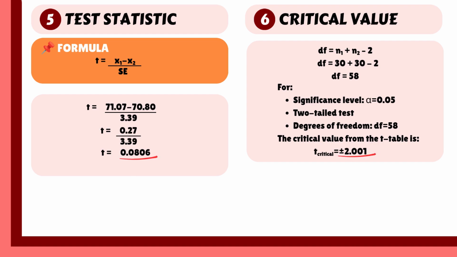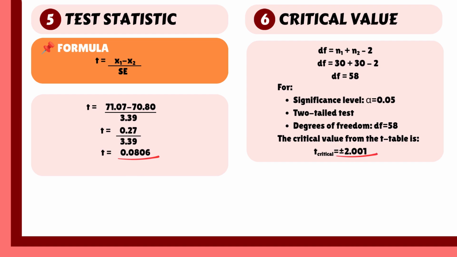We substitute the mean of dataset A minus the mean of dataset B, divided by our standard error, and get the t-value, which is 0.0806. This means the observed difference of 0.27 kilograms is only 0.0806 standard errors away from zero, which is extremely small.